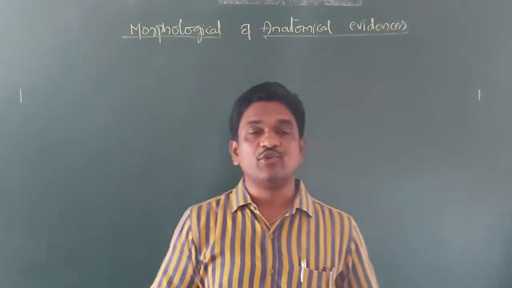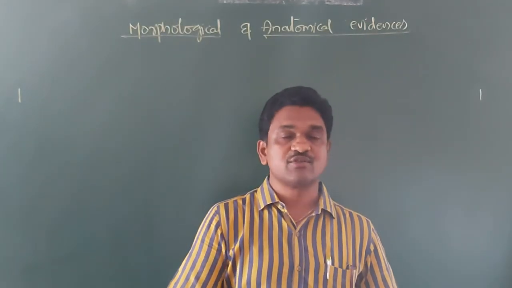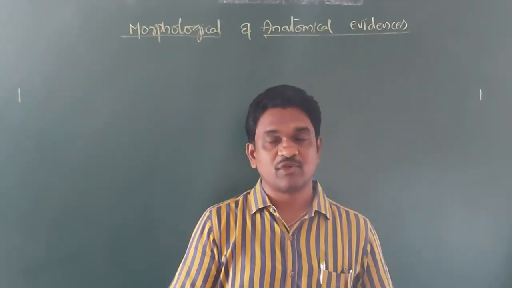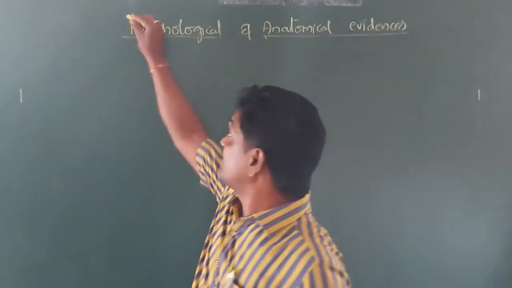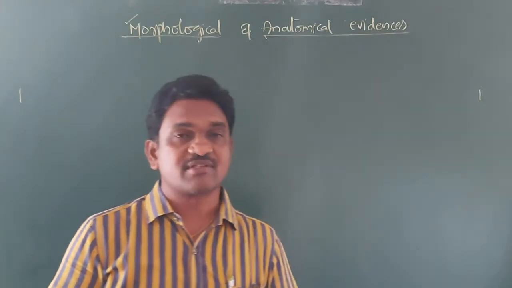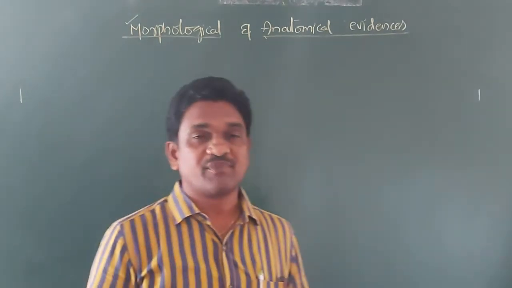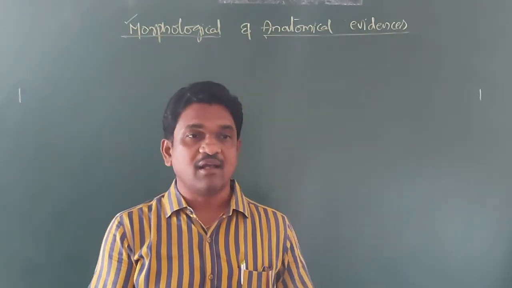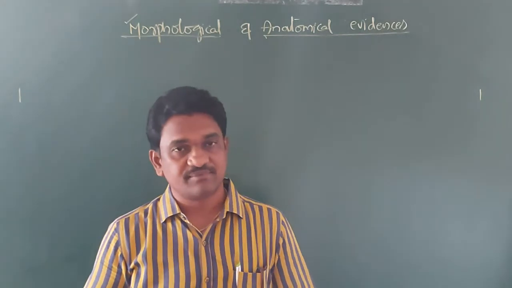First of all, you have to know the meaning of the word morphology. What is morphology? Morphology refers to the study of characteristic features such as shape, size, color and form of organisms.